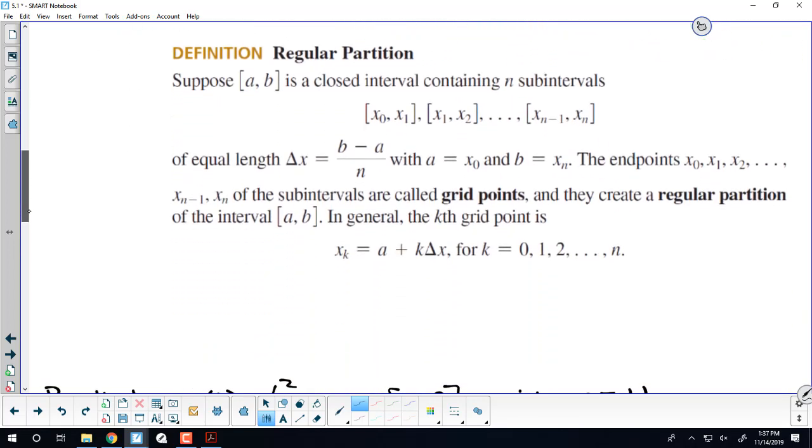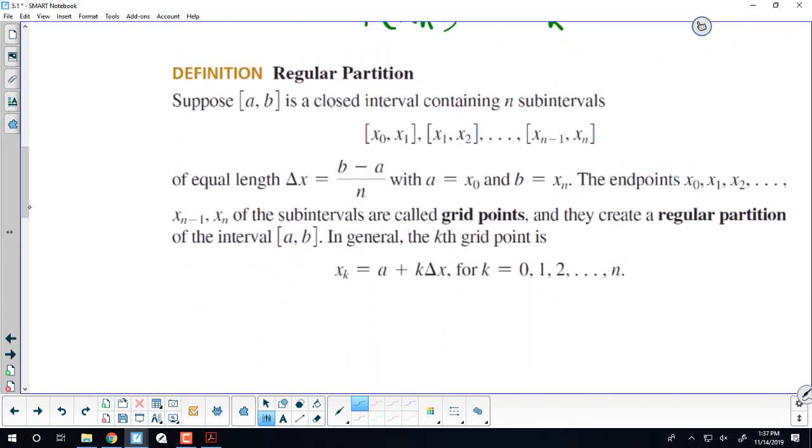So the definition of a regular partition is, suppose the interval is AB, which for our example was 0 to 8. We're partitioning that into n subintervals or rectangles. It's not technically a rectangle, but I think it's helpful to think of those subintervals as rectangles.